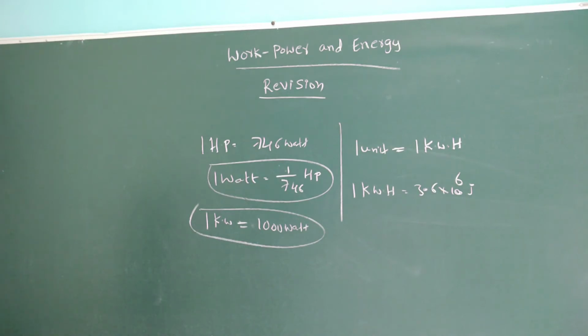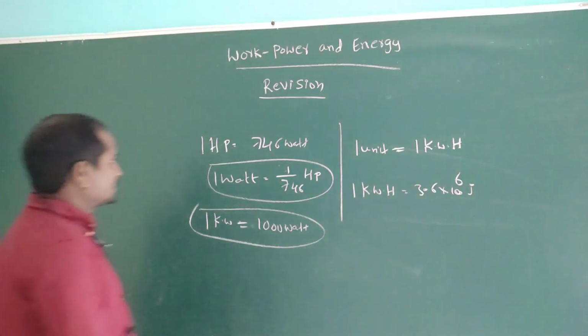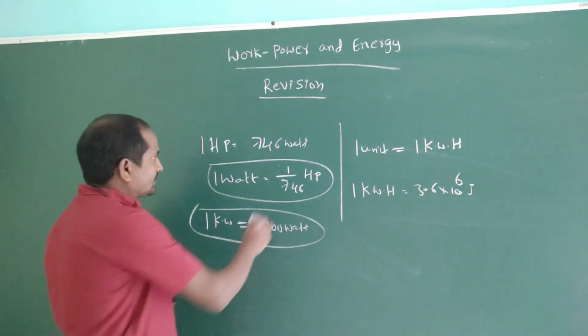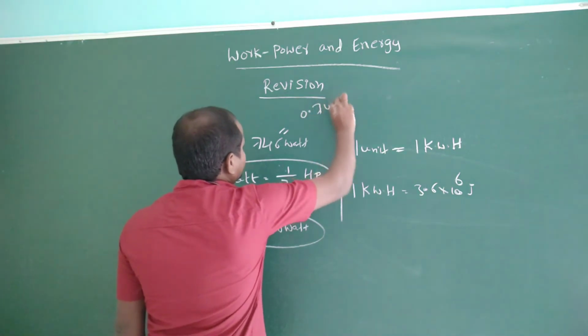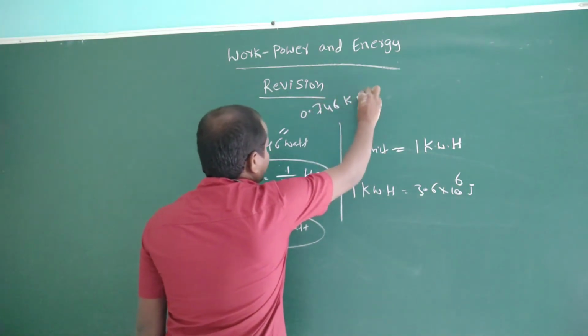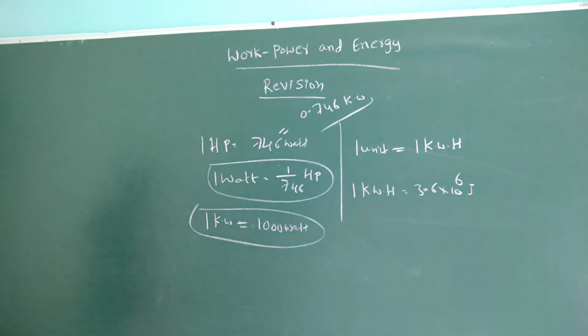Mega means 10 power 6. 1 HP is equal to 746 watts, or we can write 0.746 kilowatt. Kilo means 1000 watts. These are the units for power.